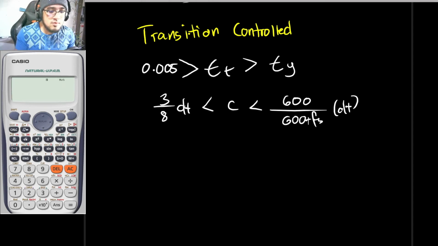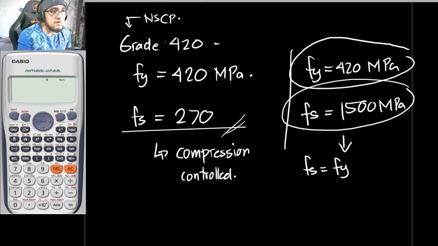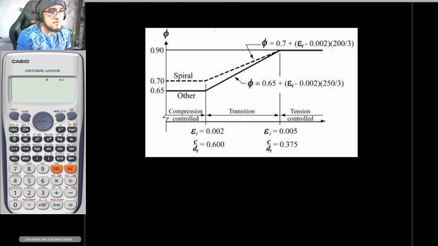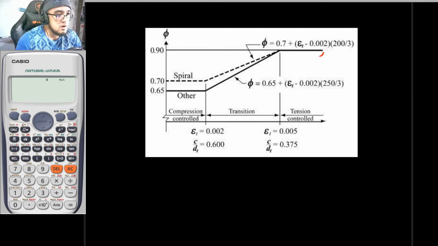So the difference between your transition controlled, your compression controlled, and your tension controlled is the value of your phi. So where is that phi? This is the value for our phi. If you remember earlier, our design strength is given by the equation phi Mn.